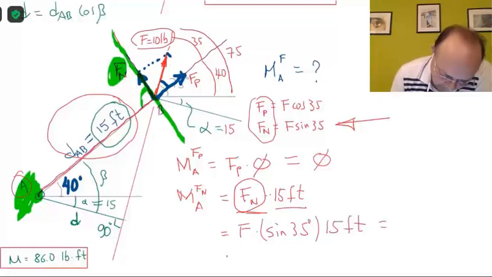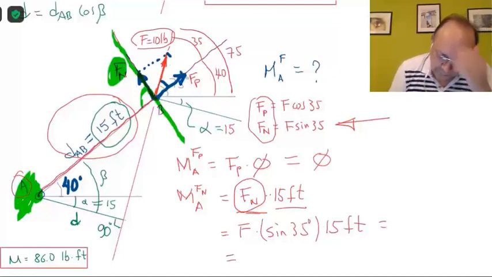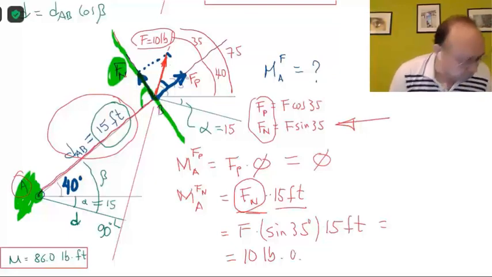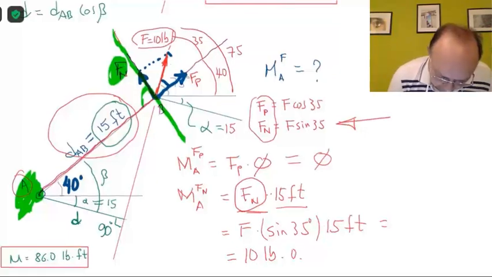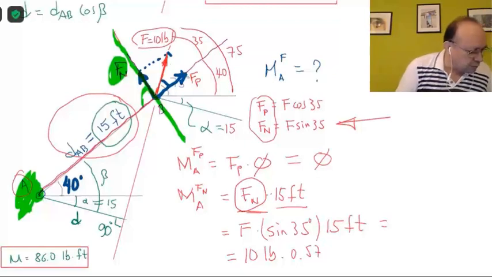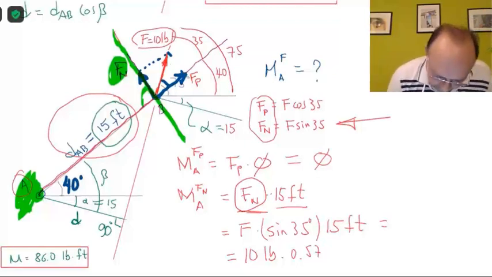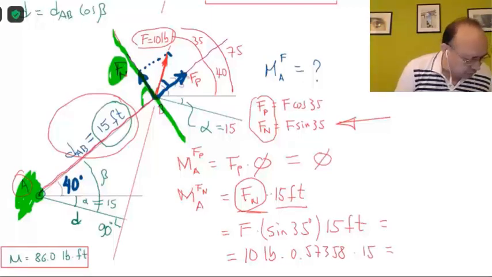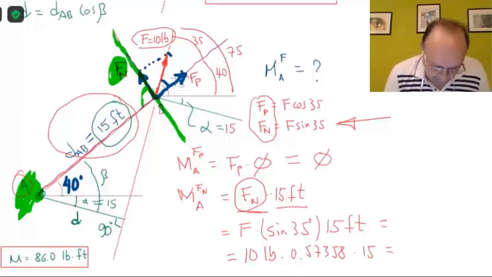So that comes to be equal to F is 10 pounds, sine of 35 degrees is 0.57358, times 15. This is equal to 86.04.